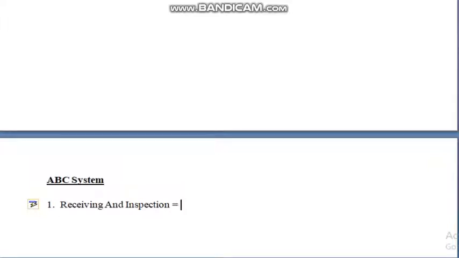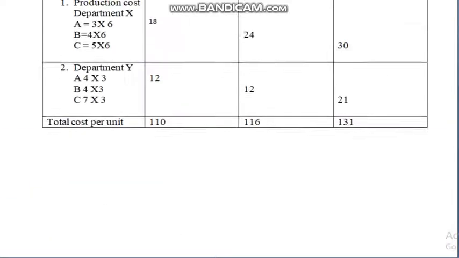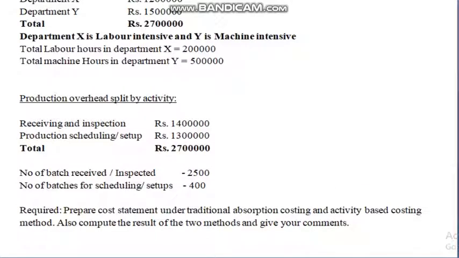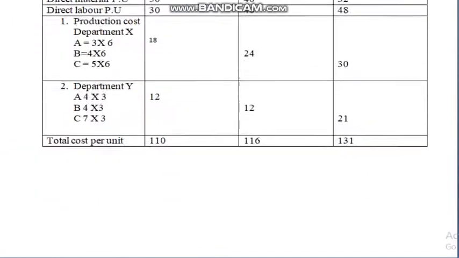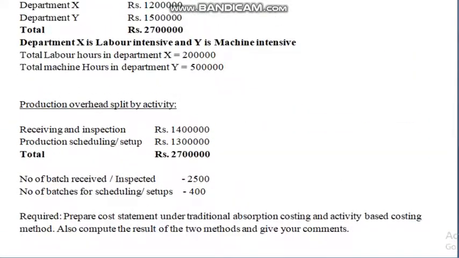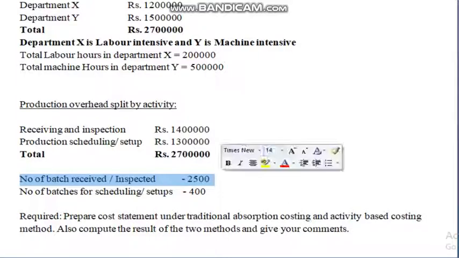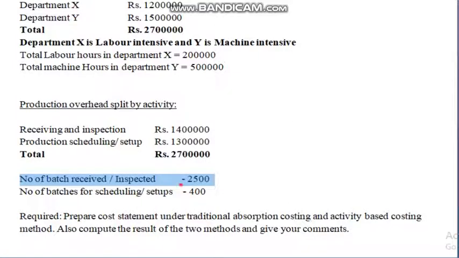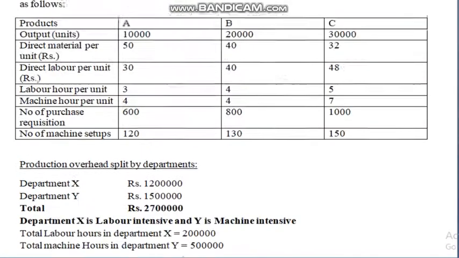Receiving and inspection. Here the total receiving and inspection cost is 14 lakh, divided by the number of batches received or inspected, that is 2500. This 2500 can be calculated from the table also.